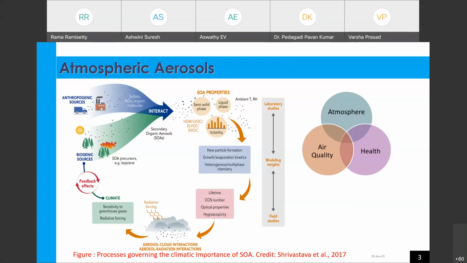To do that, we basically have three methods: laboratory studies, modeling studies, or going to the field and doing experiments to get information on these aerosols.